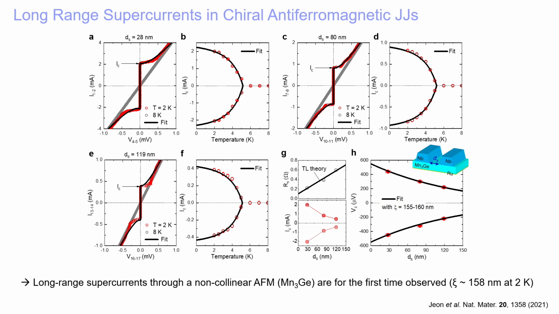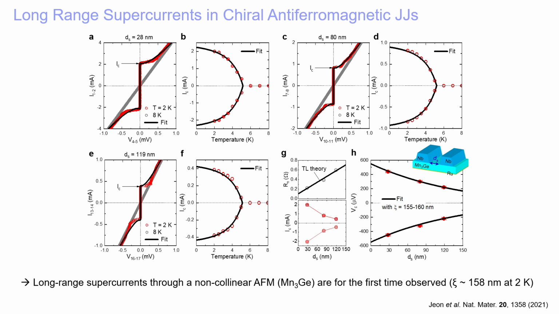Now, with increasing temperature, of course, the critical current decreases until the transition temperature of the proximatized superconductivity in the manganese-3 germanium. But what we find is that this supercurrent can flow over long distances. We can space these niobium electrodes apart a long distance, and the supercurrent can flow through this non-collinear chiral Kagome antiferromagnetic system.